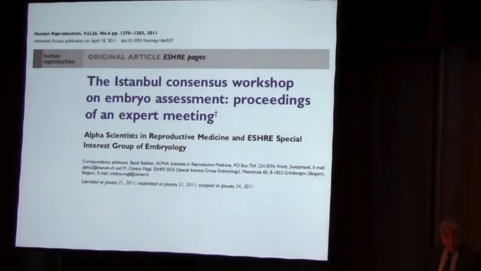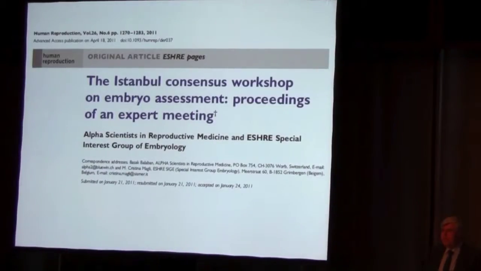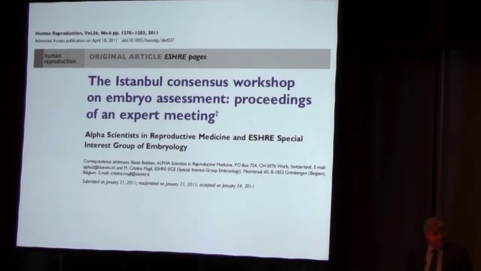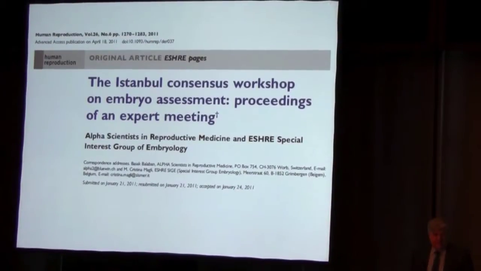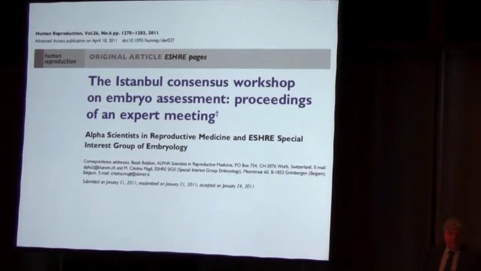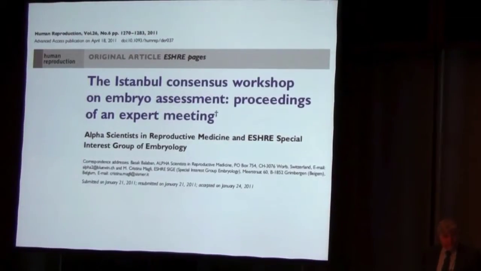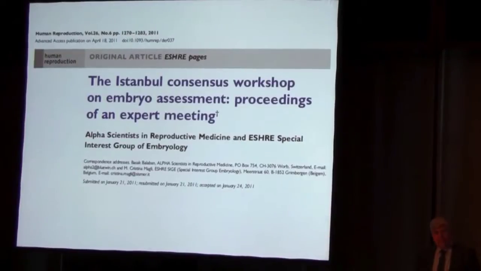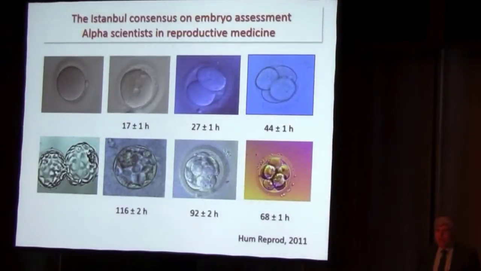If we look at a study published 5 years ago, the Istanbul Consensus Workshop on Embryo Assessment, proceedings of an expert meeting, this was a combination of scientists trying to look at the best embryo. How can we define the best embryo to replace?